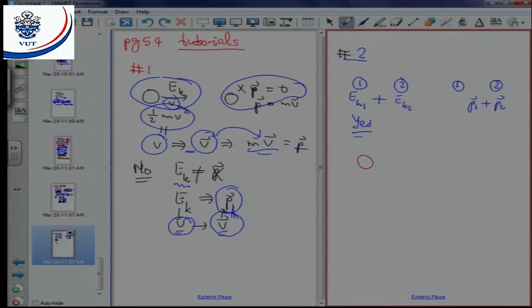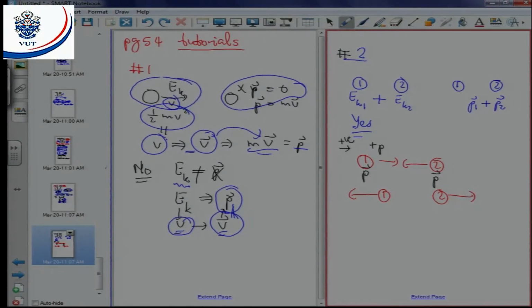If we have the two balls moving either towards each other, or moving away from each other, as long as they move in opposite directions, and the added feature is the momentum. If the momentum of one is p, then the momentum of two has to be p as well. So here you can see that this is just p, it's a plus, so let's choose that direction as positive.